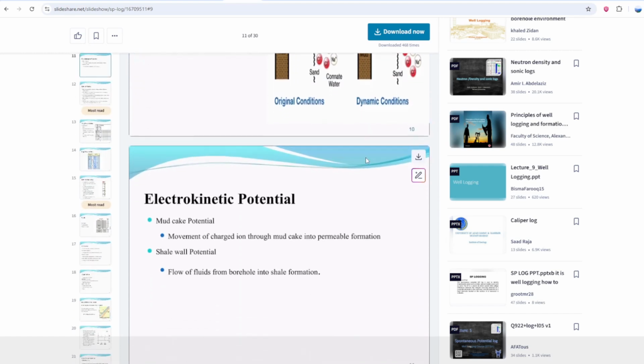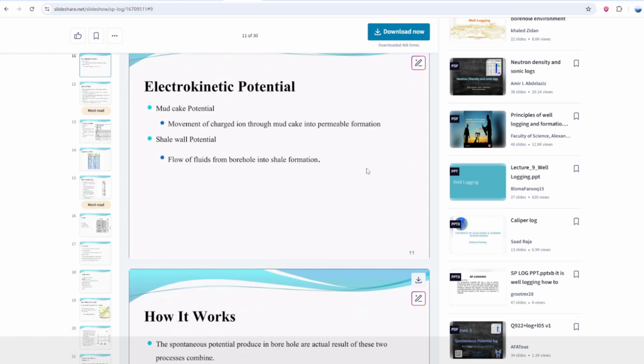And if we take a look at electrokinetic potential, it's movement of charged ions through the mud cake into permeable formation and flow of fluid from the borehole into formations. So these are low in the sense that we don't see a lot of movement into shale because these are highly impermeable rocks. But there can be some movement of charged ions through the mud cake into permeable formation. That would be more feasible.